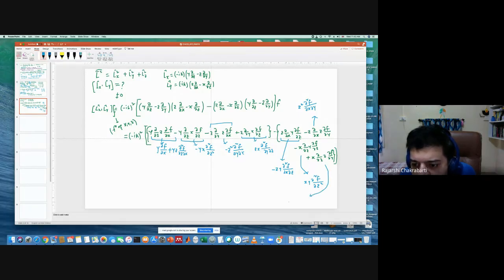This part will give me minus x. Now look carefully. I'll have two terms here: minus x ∂f/∂y, minus x z ∂²f/∂z∂y.